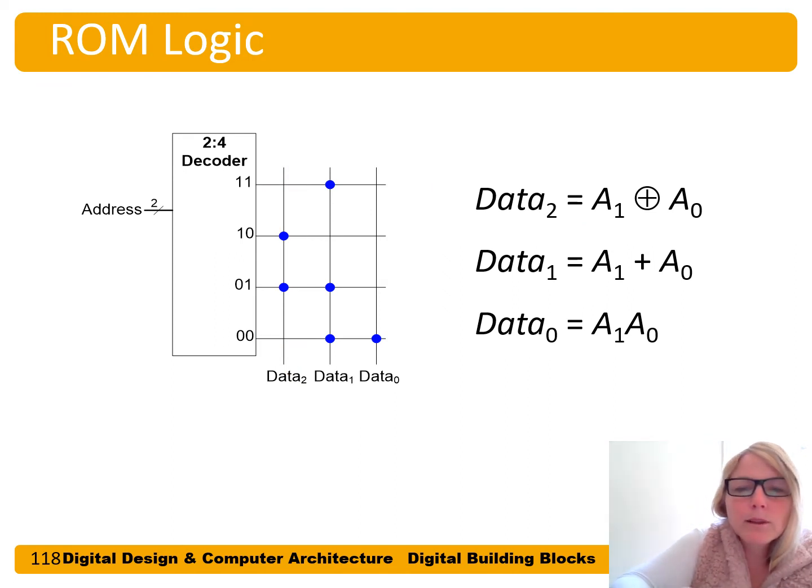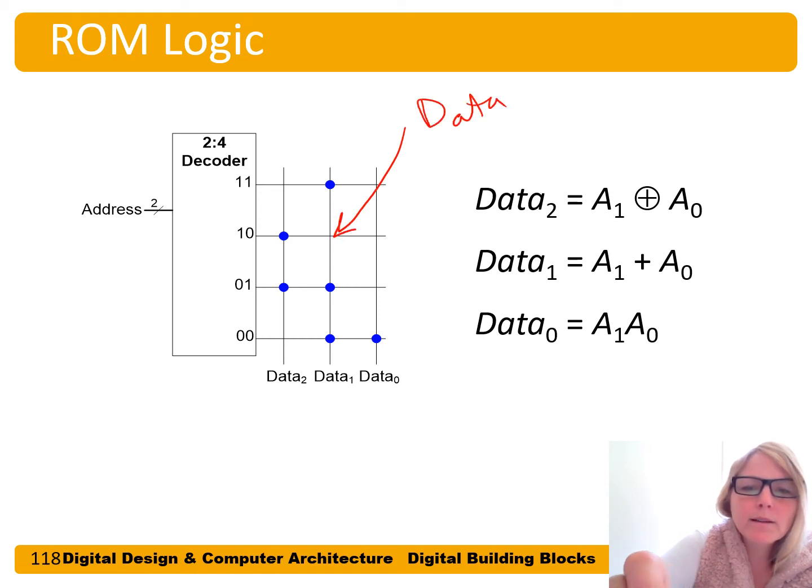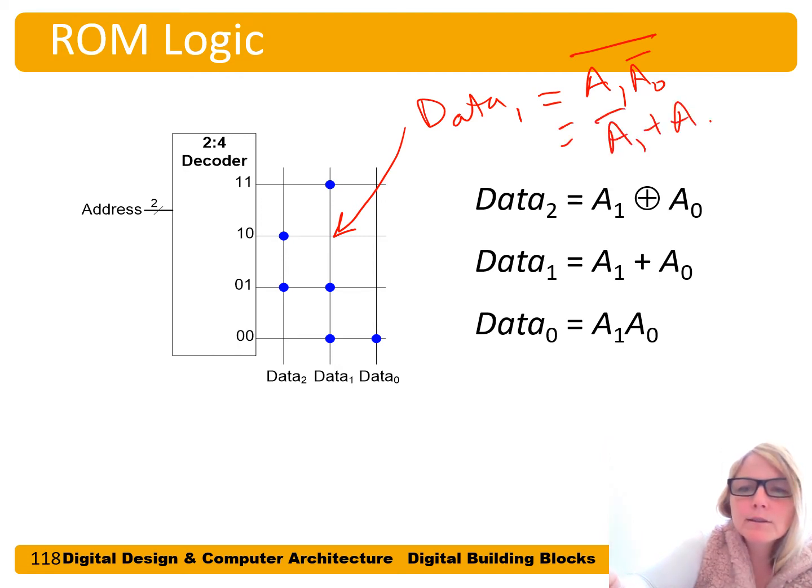Similarly, we can look at data sub 0, and that performs A1 and A0. Or we can have this one, data sub 1, which equals A1 A0 bar, which is equal to A1 bar or A0.